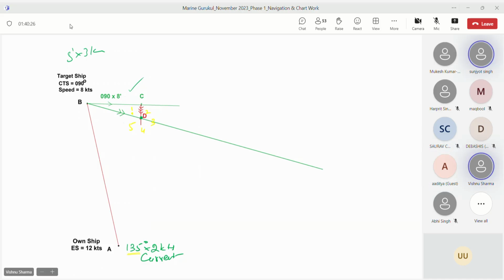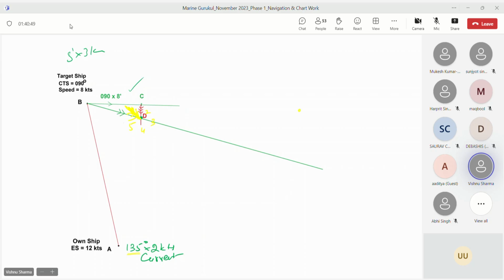So what will I do? I'll put my parallel ruler on 135 degrees on the compass rose, bring the parallel ruler through D here and draw with arrows like this. Correct? Yes, sir.